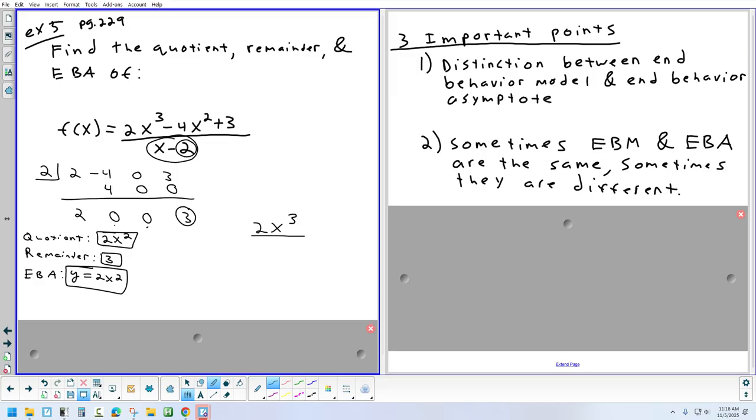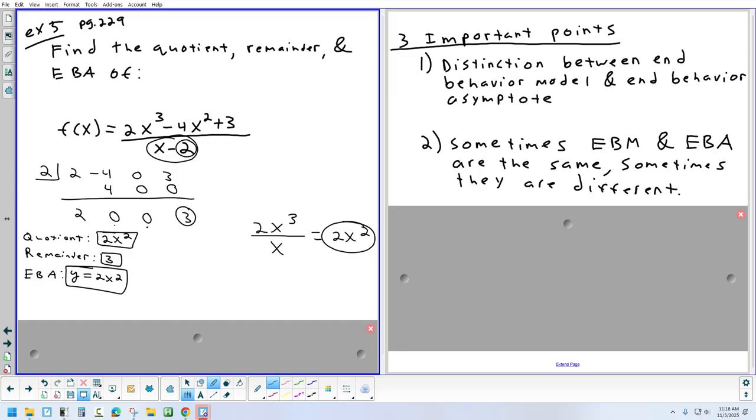And what was the highest degree term in the bottom? Yep, x. If we simplify 2x cubed divided by x, what do we get? 2x squared. Right, we get 2x squared. That would be the EBM. It did come out the same as the EBA in this one.